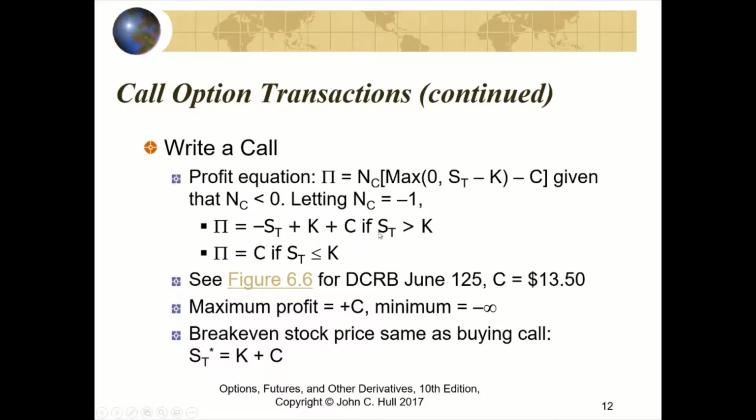So if the option was in the money, then my profit will be minus S minus K, plus the premium I received. If the option expires out of the money, then the call will not be exercised, and I will keep the premium in my pocket.